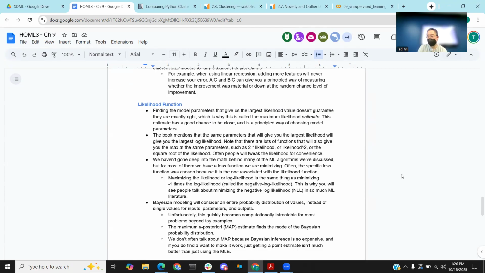And so I'm not sure how much people have seen the formalism around likelihoods. I recommend you reread this box in the book where they talk about the difference between probabilities and likelihoods.